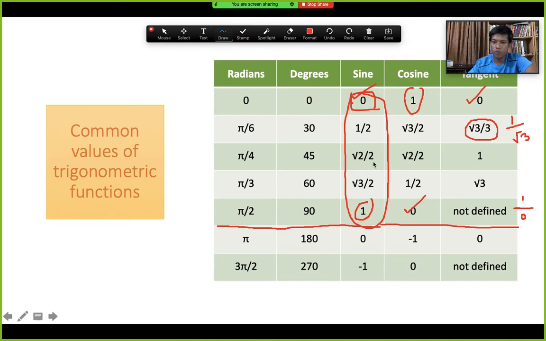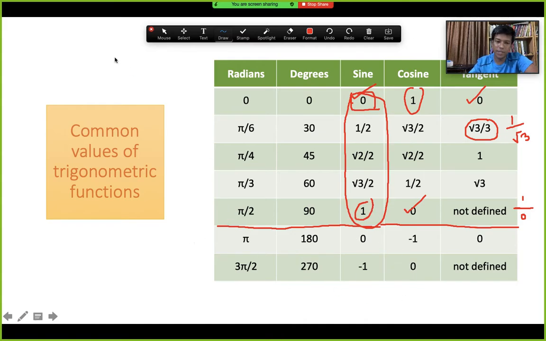Okay. Root 2 by 2 divided by root 2 by 2, see, same thing. That's why it is 1, because this thing and this thing cancelled out. So basically, although it looks like a scary figure chart, just this one line helps.